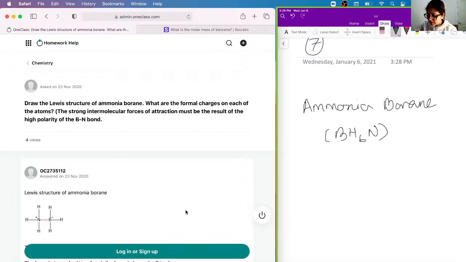Okay? And so you can see that it's comprised of 1 boron, 6 hydrogens, and 1 nitrogen. So to basically draw this out, we can say that we have a nitrogen attached to a boron, and we have 6 hydrogens, right?